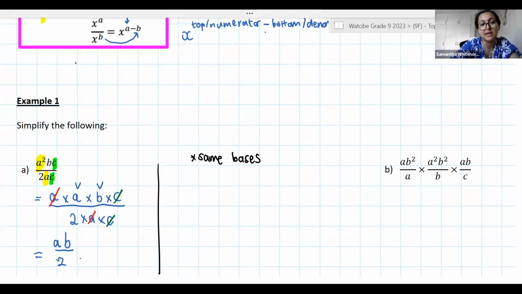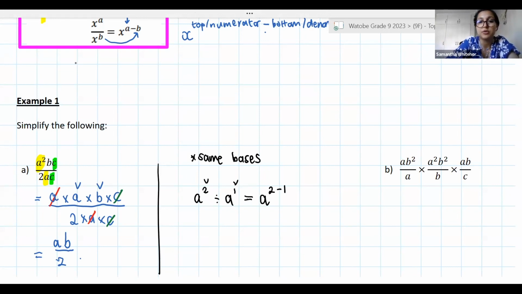Now, if I just look at the a's, essentially what I have is a squared divided by a. If I just look at that section of my fraction, that is what I'm dealing with. And so if I apply my exponent law there, what it's telling me to do is saying a to the power of 2, so the top exponent minus the bottom exponent, which is 1.